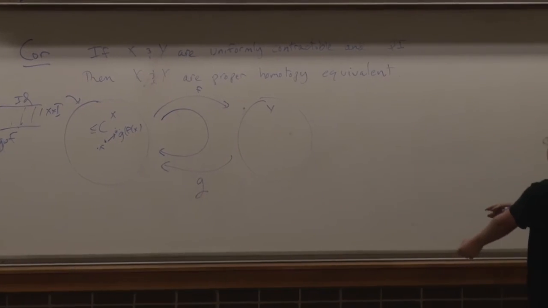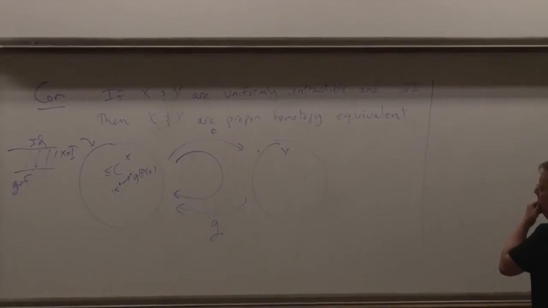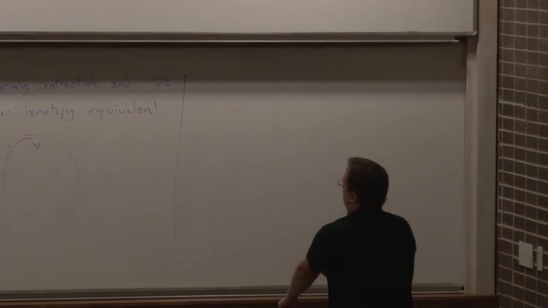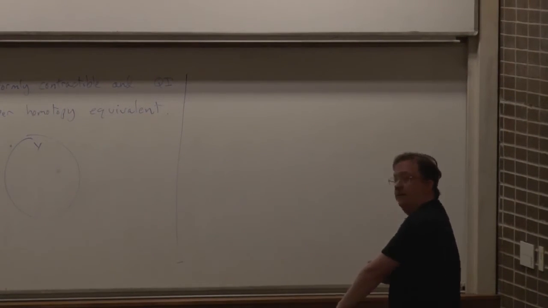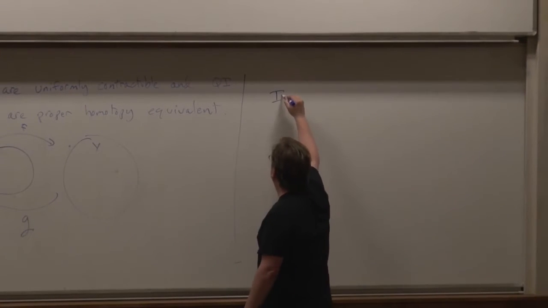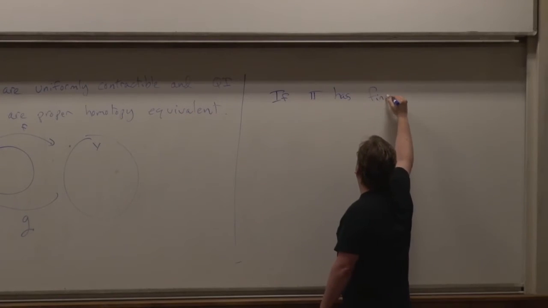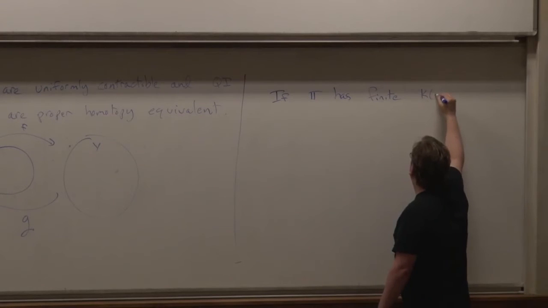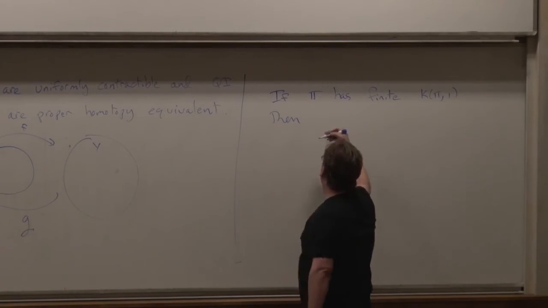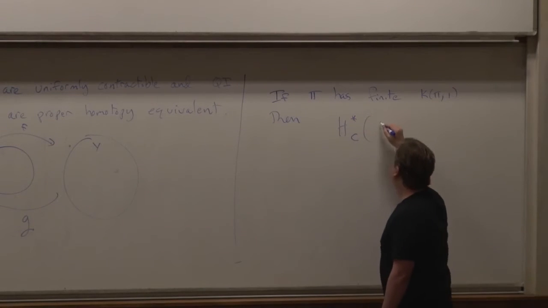Okay, so this tells us that a lot of topological invariants are also quasi-isometry invariants. So for example, if pi has a finite K pi 1, then say the cohomology with compact support.